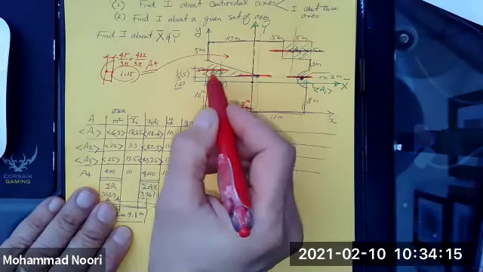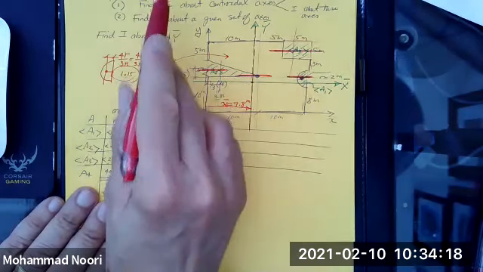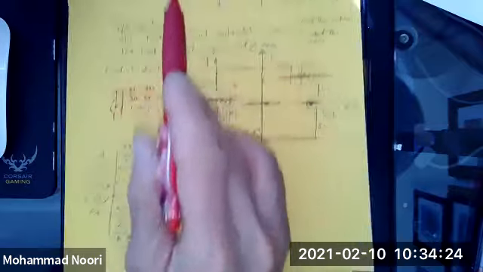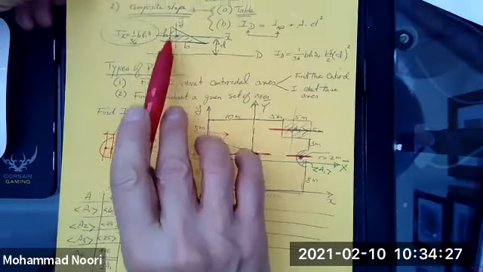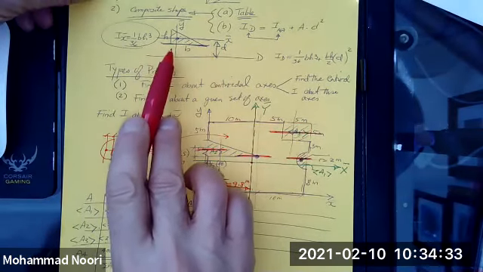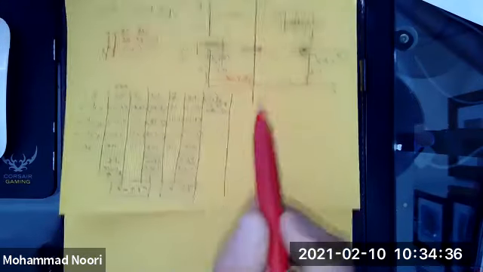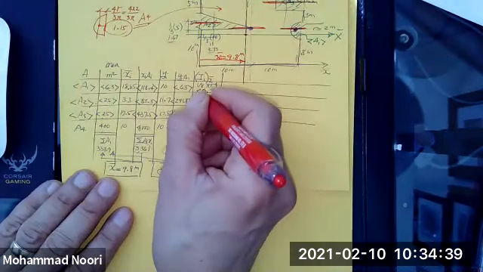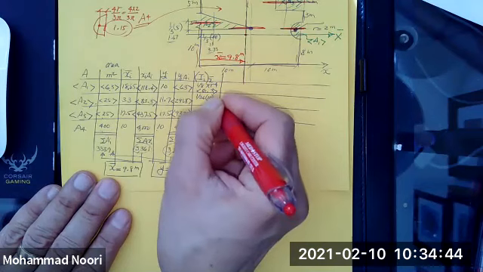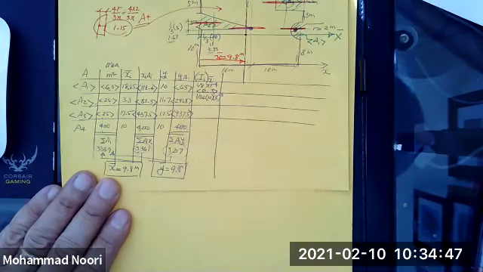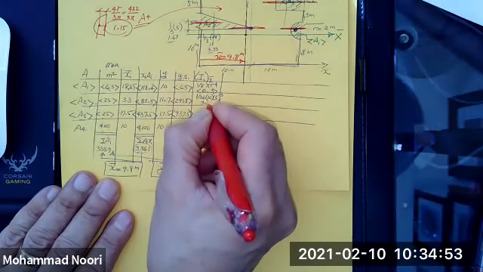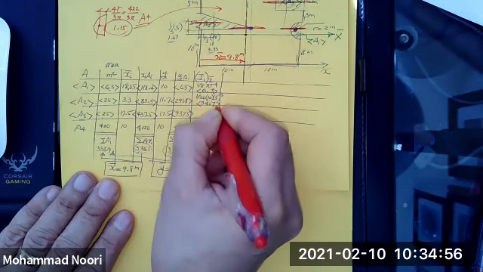For this triangle, the moment of inertia about this axis is 1/36 of the base times height cubed. So it's 1/36 of the base, which is 10, times height cubed. That gives you 34.7.